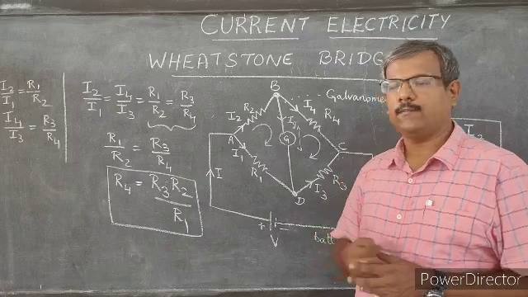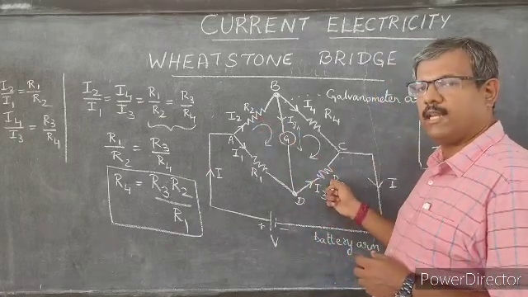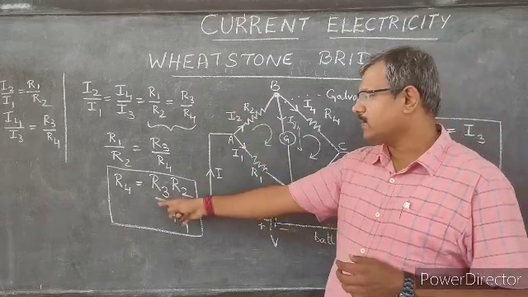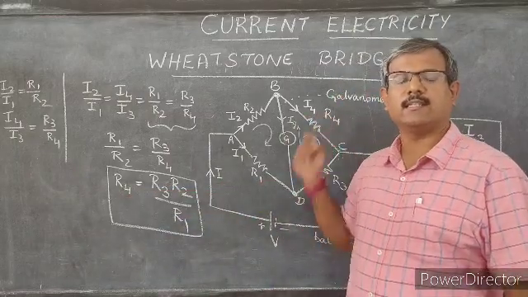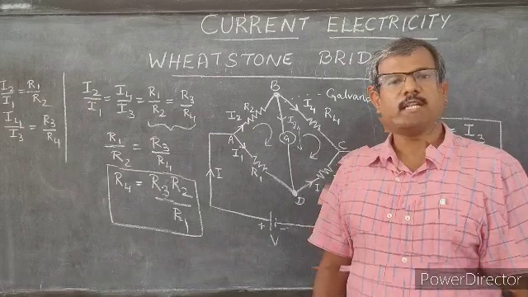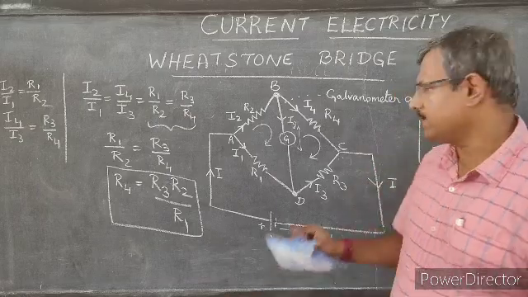At that point, I find out what is R3, which is the variable resistance. I already know what is R1 and R2, and that leads me to find out what is the resistance of the unknown resistor. So my Wheatstone network can be modified to support this.